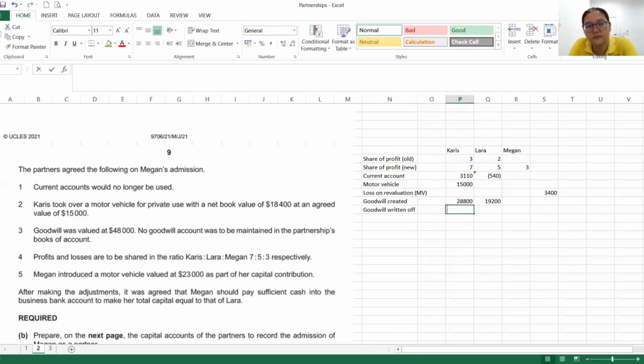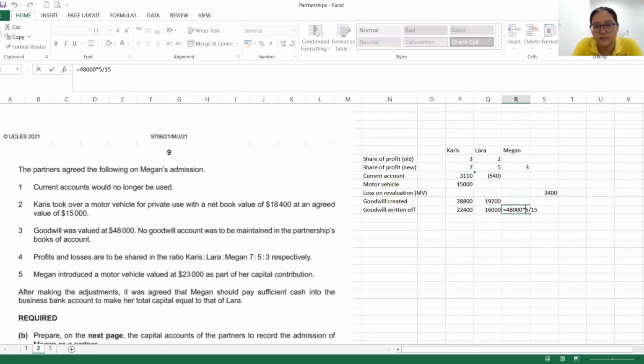So here, 48,000 times 7/15, and then Lara is 5, and then here is 3. So this is the goodwill.